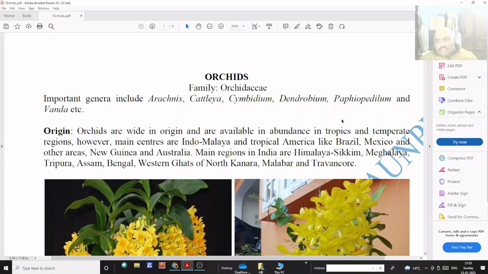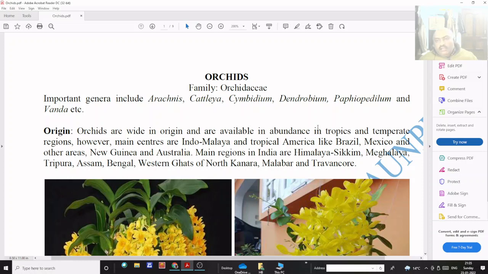We have to discuss the important genera that are in cultivation and have much economic importance from our study point of view.